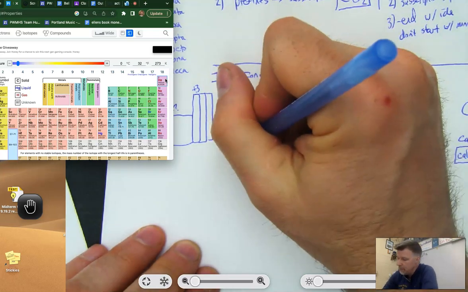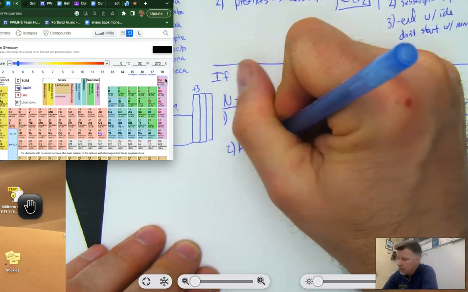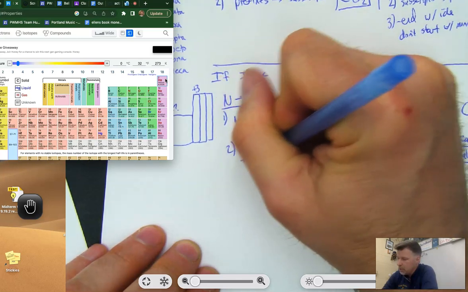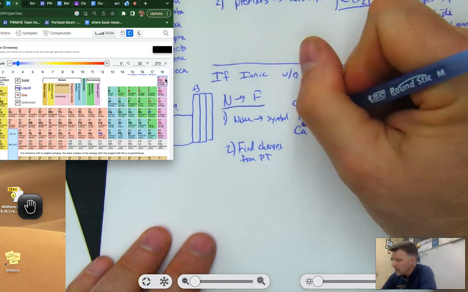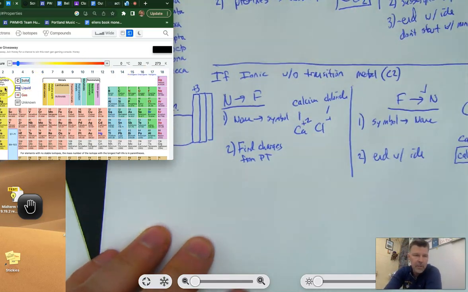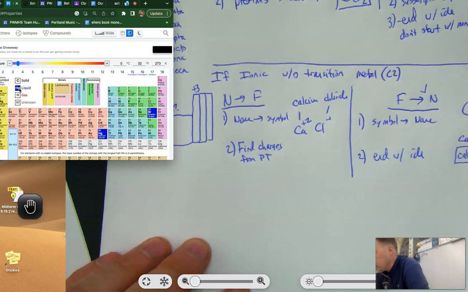So you have to find their charges from the periodic table. And I just showed you how to do that a few seconds ago. So calcium is +2, chlorine is -1. Again, calcium is +2 because it is here in this +2 column, and chlorine is here, so it is a -1. Looks like one column is off my screen here, so I apologize for that.